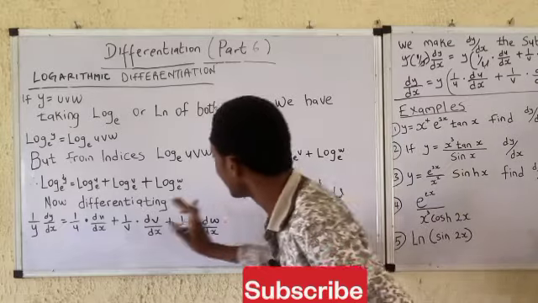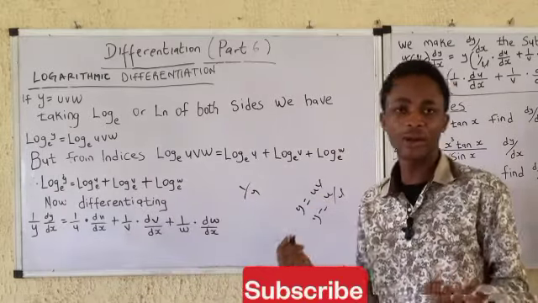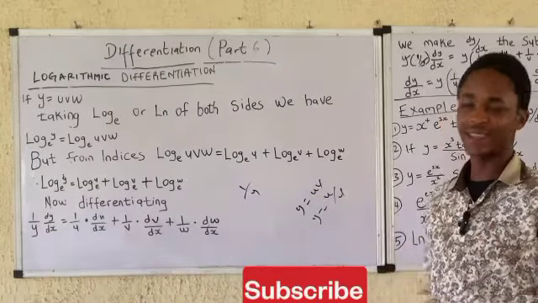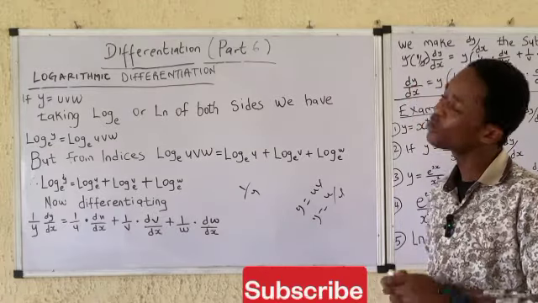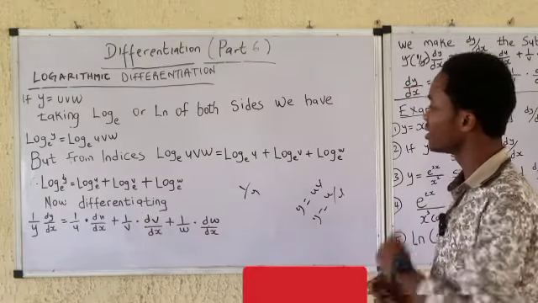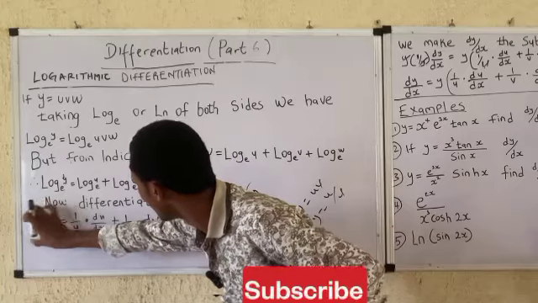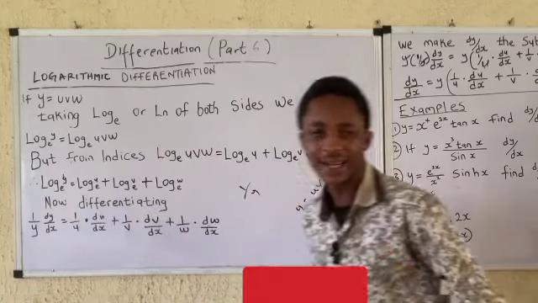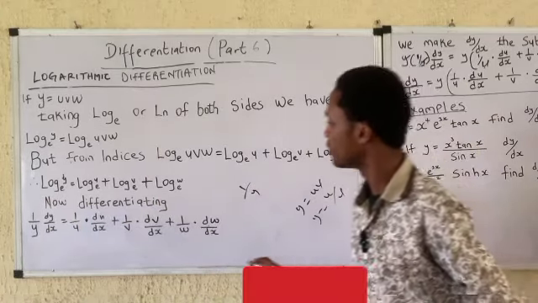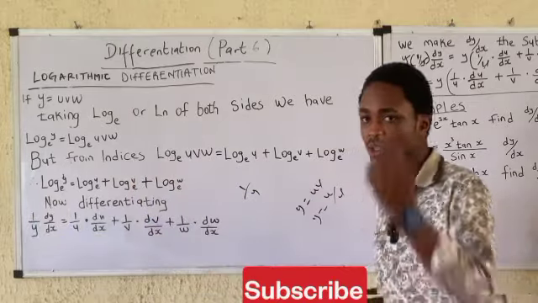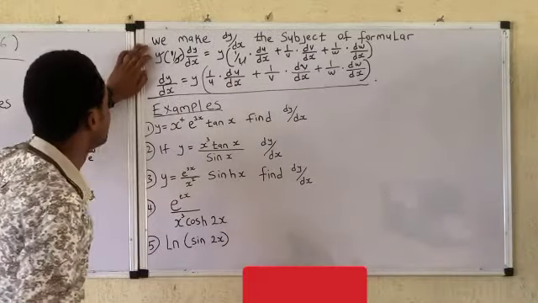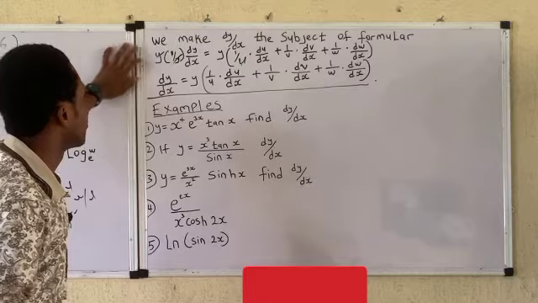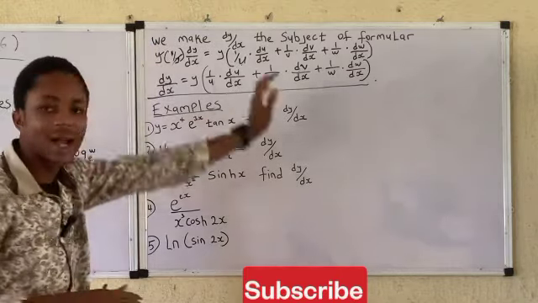Now, in a normal question they say find dy dx with this kind of equation. How do we find dy dx? Very easy. We will eliminate y from this side, leaving behind dy dx. How do you go about this? You multiply y on both sides of the equation. We make dy dx the subject of the formula by multiplying y throughout the equation.